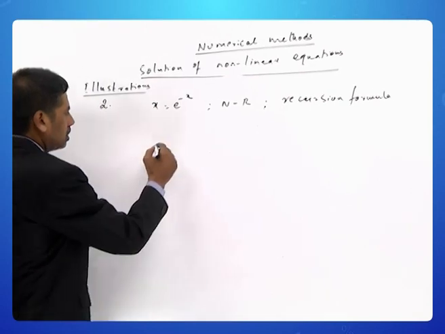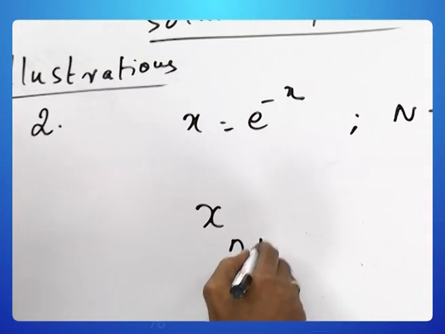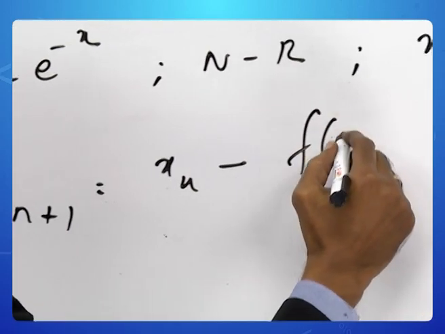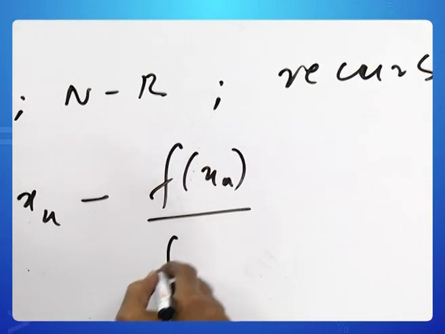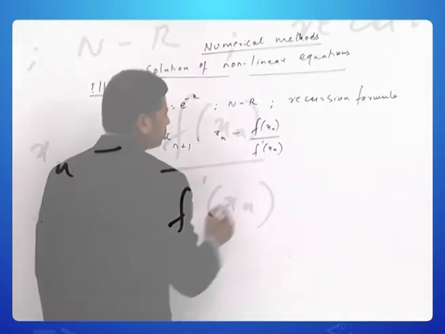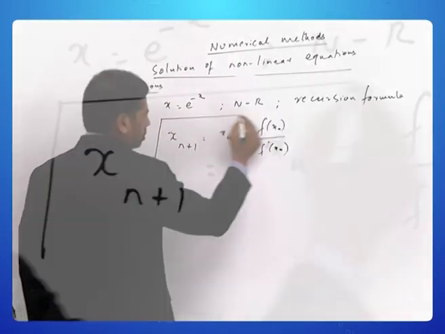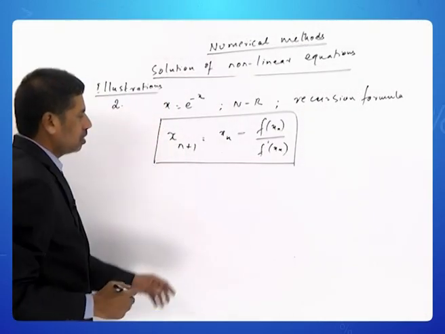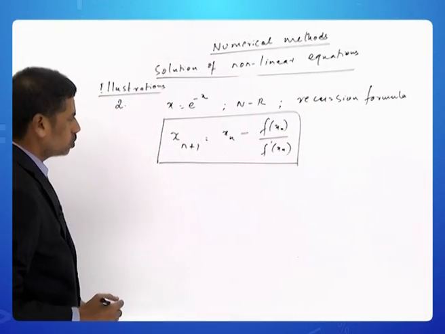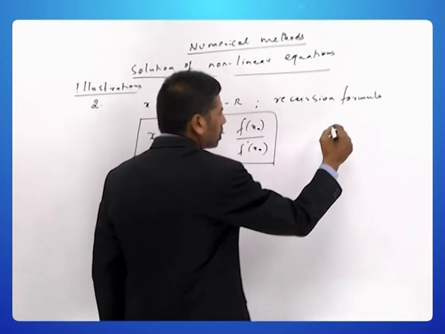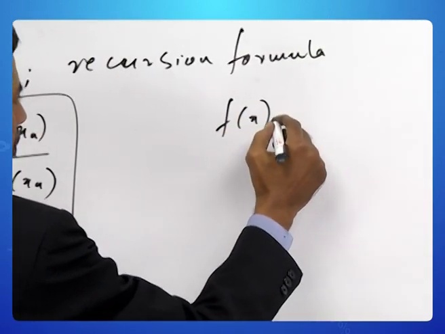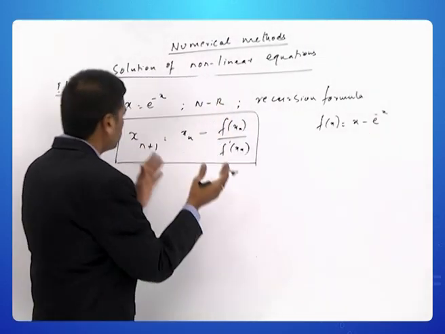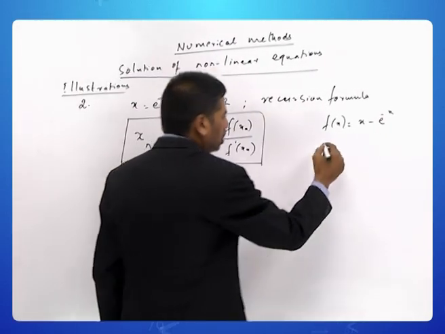Now first let us write the general formula. Xn plus 1 is equal to xn minus f(xn) by f dash (xn). So this is the general recursion formula for a function f of x to find its root. In this problem, f of x is equal to x minus e power minus x, because you have to bring all the terms on one side.